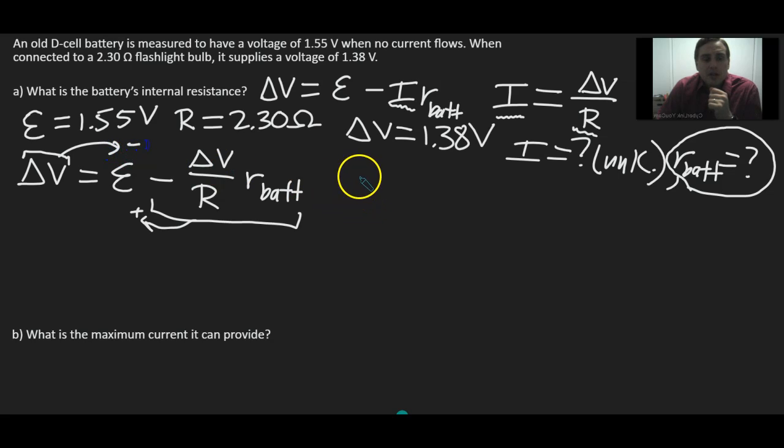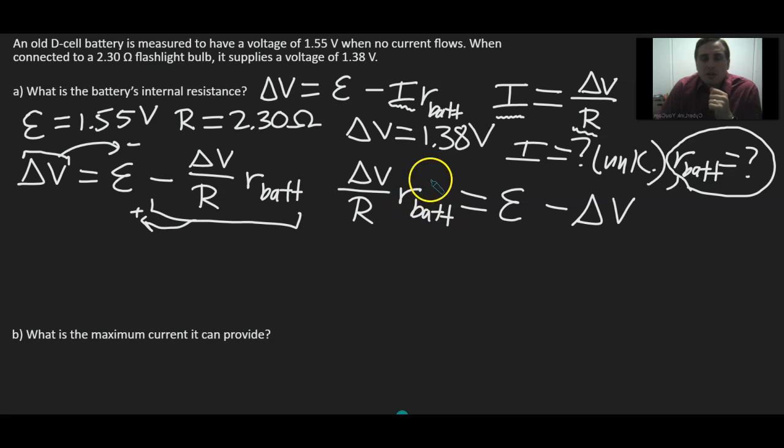So we get delta V over R times the resistance of the battery is equal to the EMF minus the delta V. Okay, so we can solve this for the resistance of the battery.